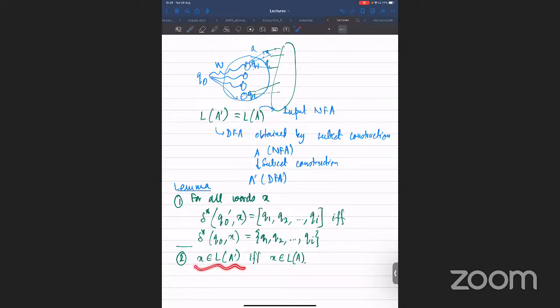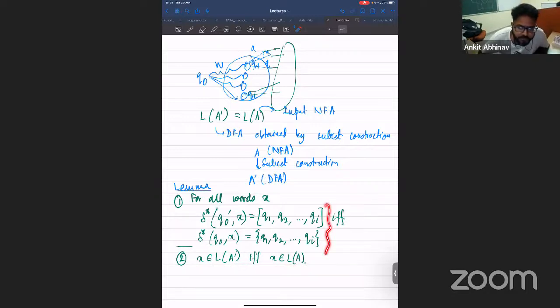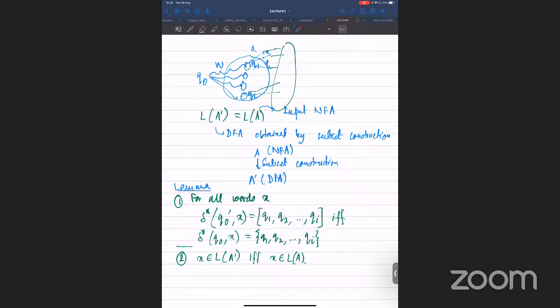Why is the second part very easy to see? Ankit? Because of lemma one. Very good. Because of lemma one, this thing is true. Now suppose X belongs to L of A prime. What does it denote?